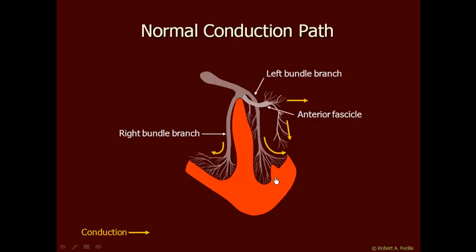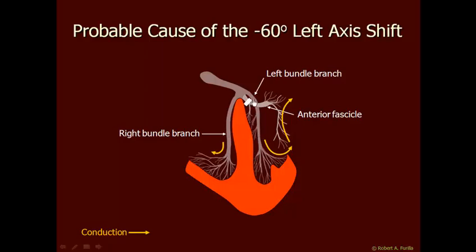Now, in that particular example that I just showed you, if I had an anterior fascicle or an anterior branch block right here, the activity can still go down the right, go down the left, but it cannot come across. As a result, the information must come back up through the fascicles or through the myocardia, and that gives you an axis pointing up in this direction.